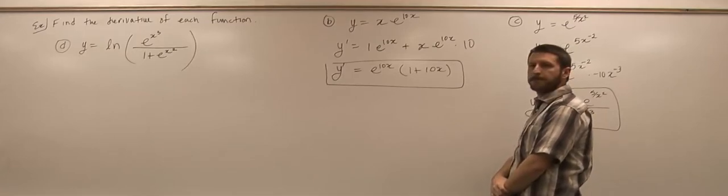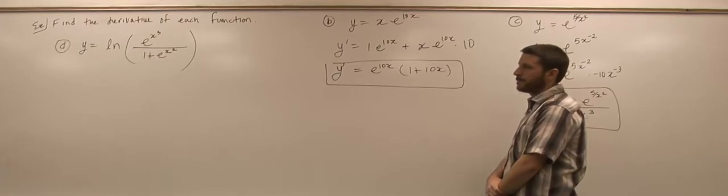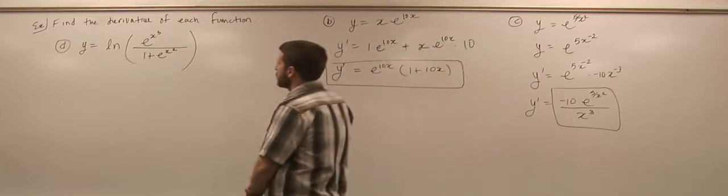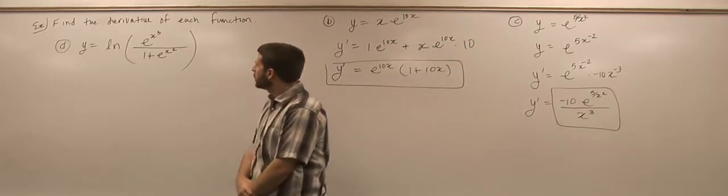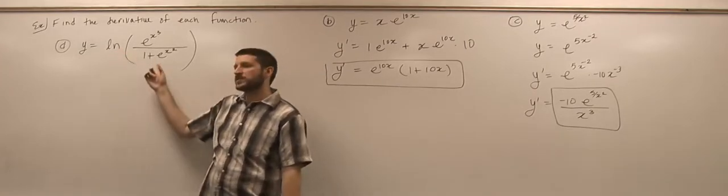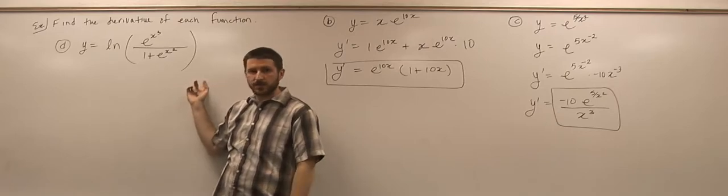What should we do? What, like 1 over x? Oh, right. So the derivative of natural log says you do 1 over whatever's inside times the derivative of the inside. Is that what you guys want to do?